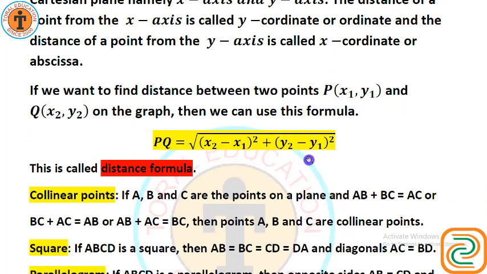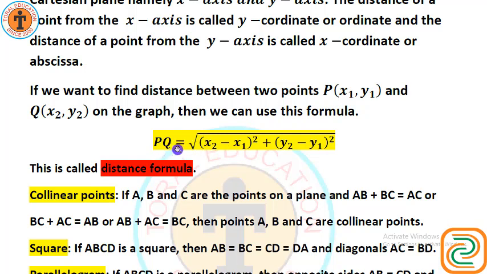If we want to find distance between 2 points on the Cartesian plane, P x1 y1 and Q x2 y2 on the graph, then we can use this formula. Look at the formula. This is distance formula.